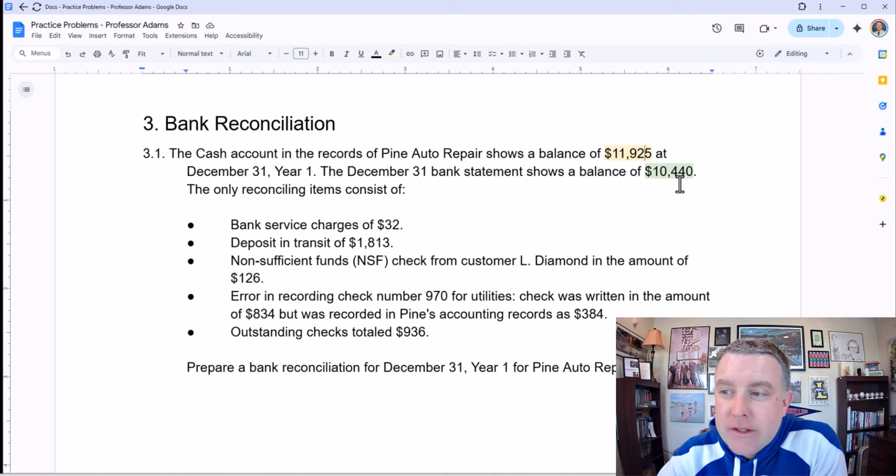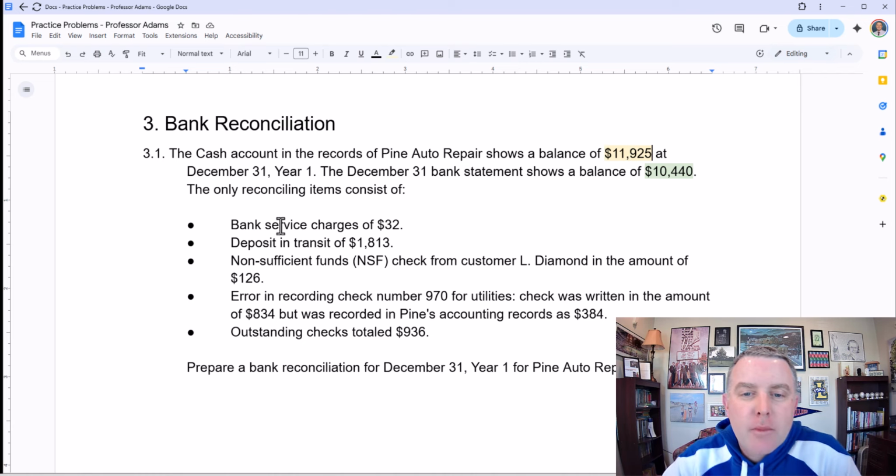The reason is that both numbers are missing things, so we need to reconcile these two numbers. Why does the bank statement say that we have $10,440 when our own records, our own spreadsheet, says that we have $11,925? What is the explanation for the difference there?